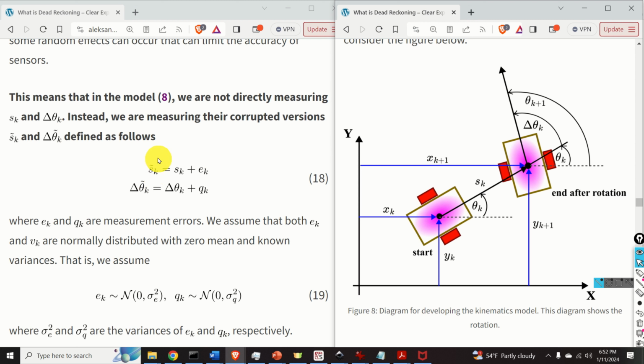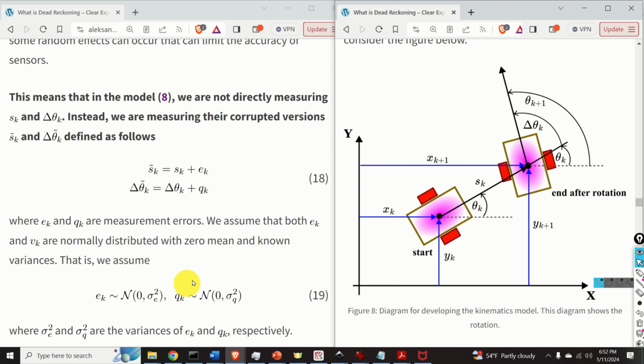Sk tilde, that is the measured value of the travel distance, is actually the true value of the travel distance plus ek, and ek is a noise term. Similarly, the actual measured change of delta theta k, denoted by delta theta k tilde, is the true value of delta theta k plus this noise term over here.